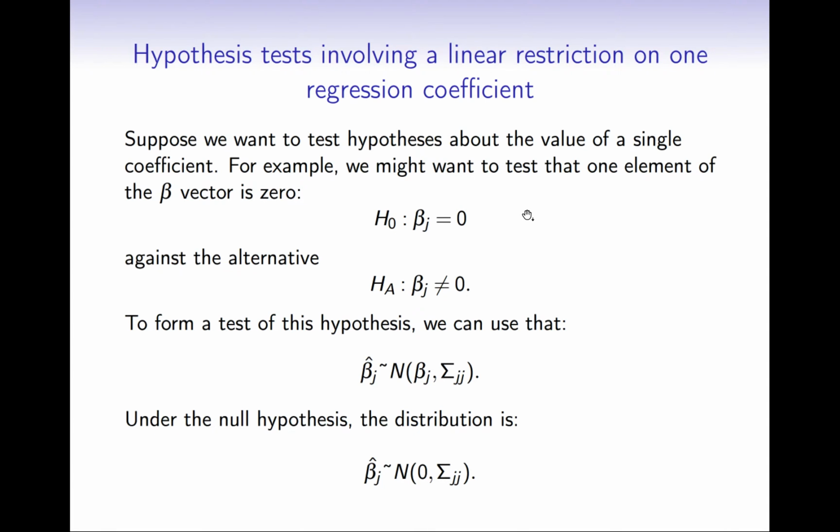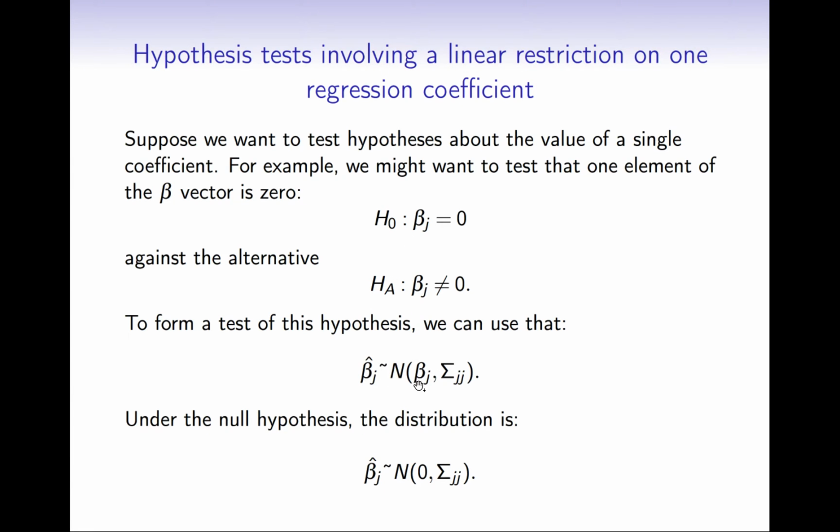Okay, so let's first look at hypothesis tests about one regression coefficient. So suppose we just want to test: is beta 3 equal to 0, and the alternative is beta 3 not equal to 0. To test this hypothesis, we can just use the distribution of beta hat 3, or beta hat j.